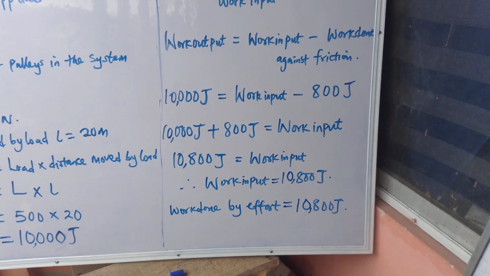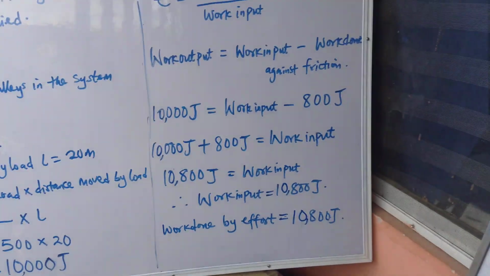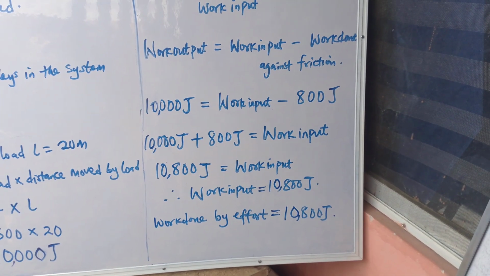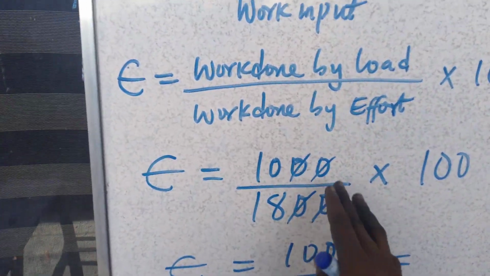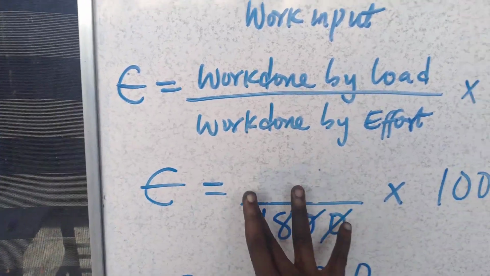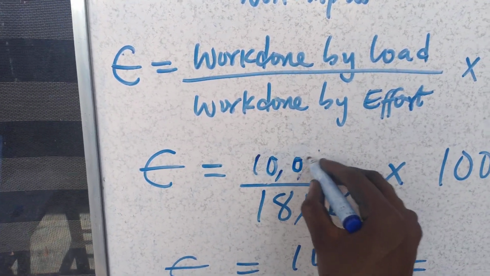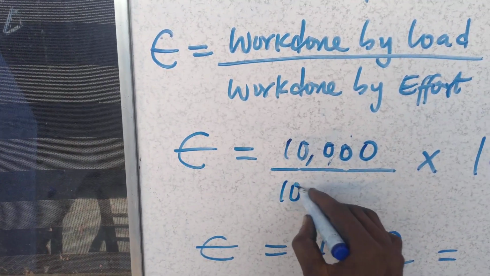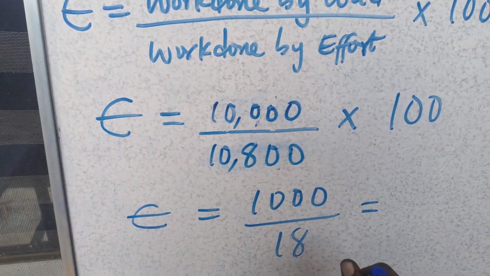The work output is 10,000, and the work input will be 10,800. That's 10,000 plus 800 joules. So it also means that we have to make little corrections here as well. This is 10,000 divided by 10,800.